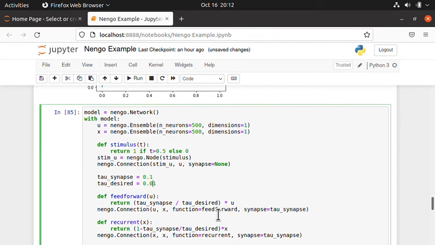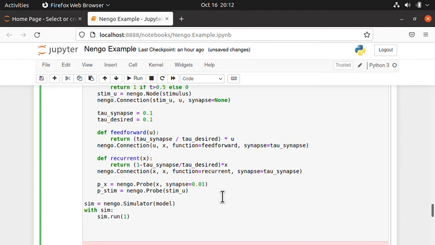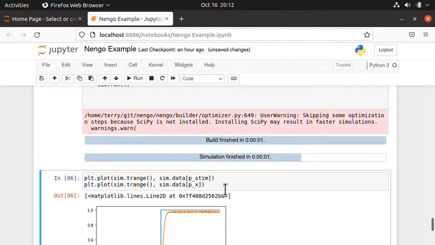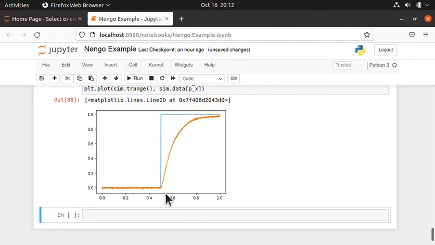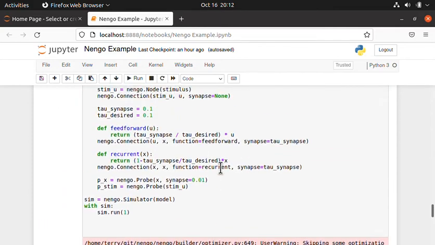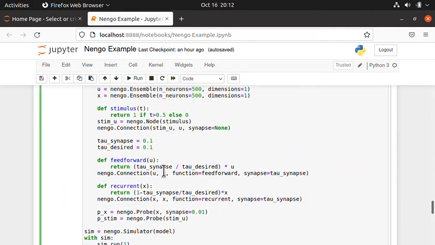If I would like a 100 millisecond synapse, okay, this is what an ideal 100 millisecond synapse looks like.